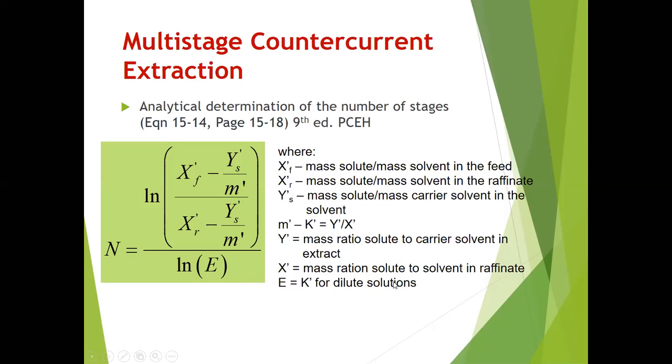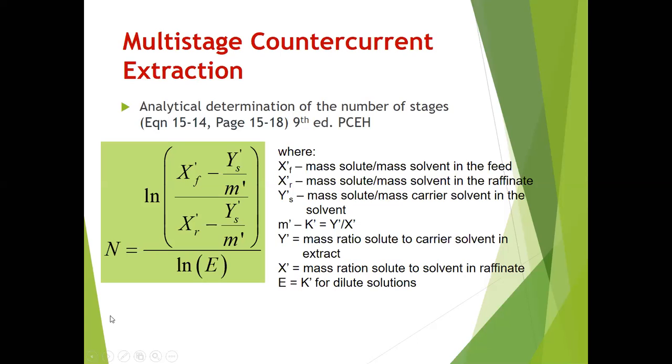Now, when do we say that the solutions are dilute? When compositions are equal to or less than 10%. If the solution concentration is around 11 or 12, pwede pa siya, class, but greater than that, hindi na siya pwede. And there's no other equation that we can use where the manner of determining the number of stages is purely analytical.